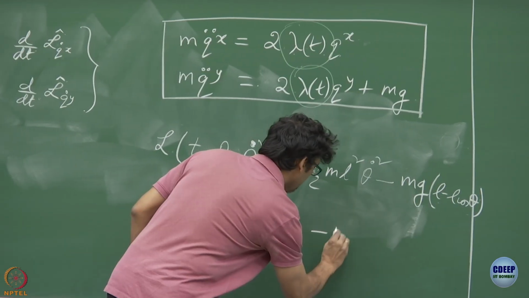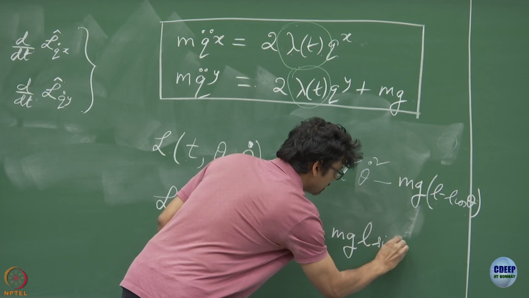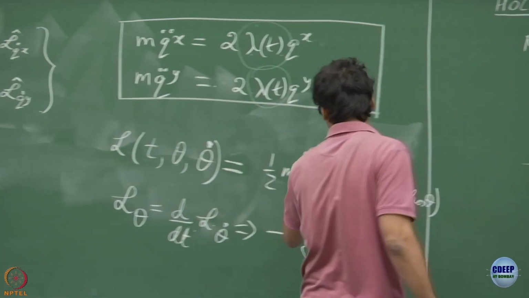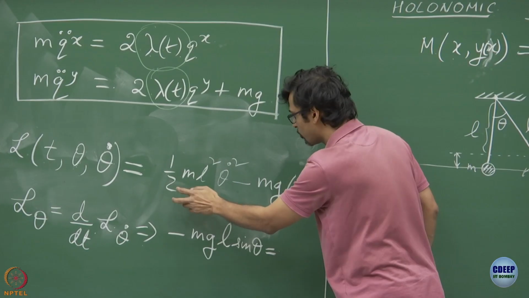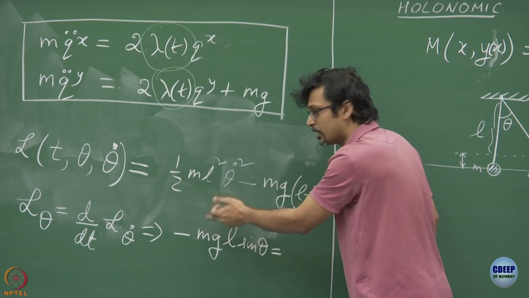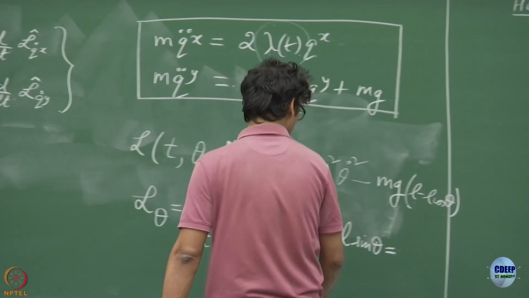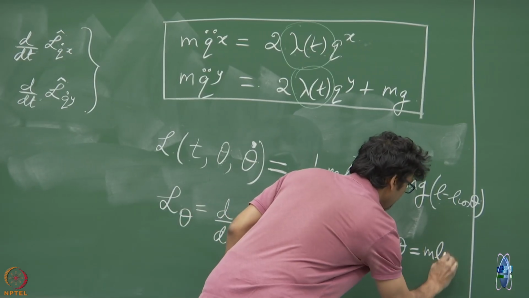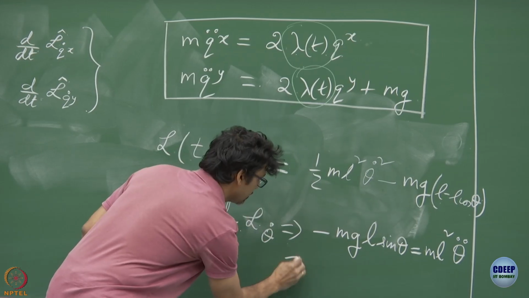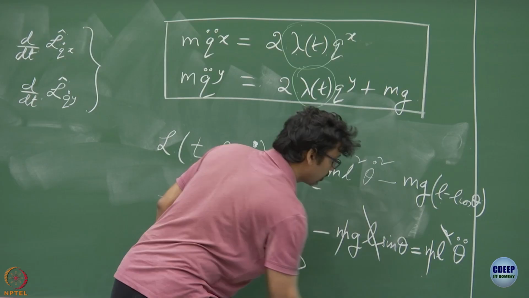So you have minus mgl sin theta is equal to dL by d theta dot, that is the 2 comes up here, 2 and half cancel each other out, so ml squared theta dot, but then you have to take a d dt. ml squared is a constant, so it's ml squared theta double dot.